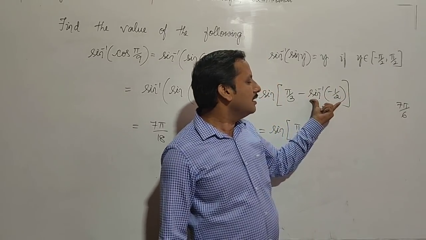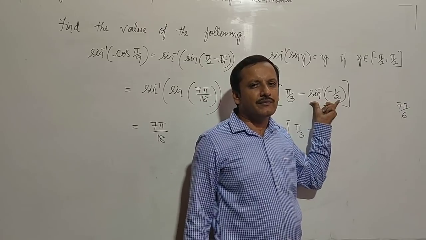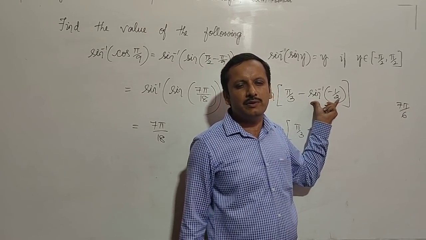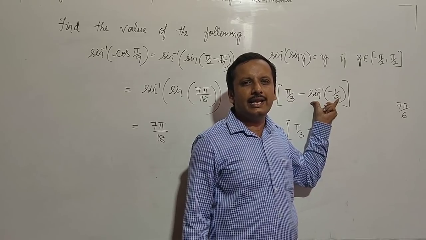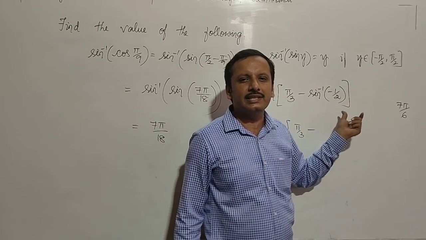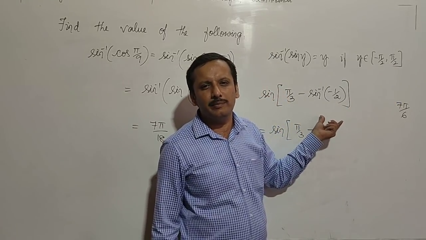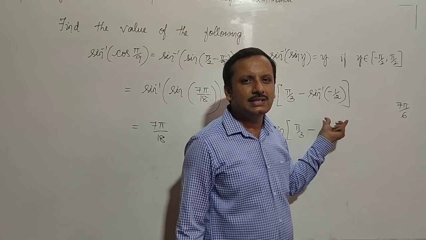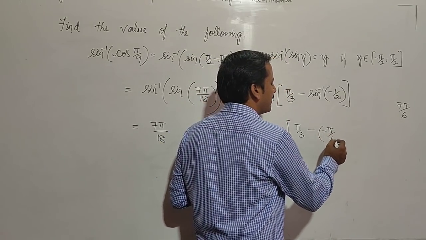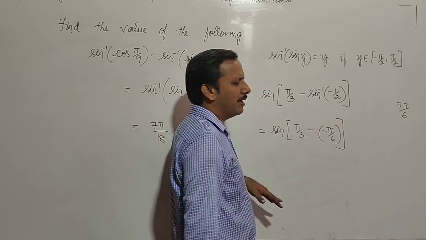So for sin inverse of minus 1 by 2, if I take this as theta, then sin theta is equal to minus 1 by 2. I have to find an angle theta within this interval such that sin theta equals minus 1 by 2. And that angle is minus pi by 6. As you know, sin pi by 6 is equal to 1 by 2.